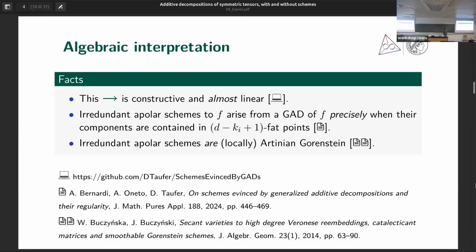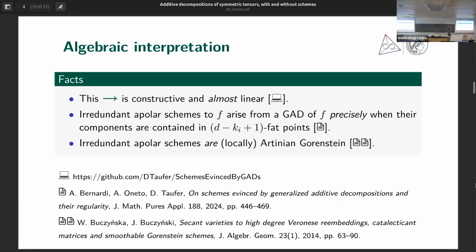If you don't want to bother yourself, you can use the programs we implemented with Alessandra and Alessandro in a recent work. Everything it uses is linear algebra, but also a homogenization of an ideal, which is not, strictly speaking, linear algebra.